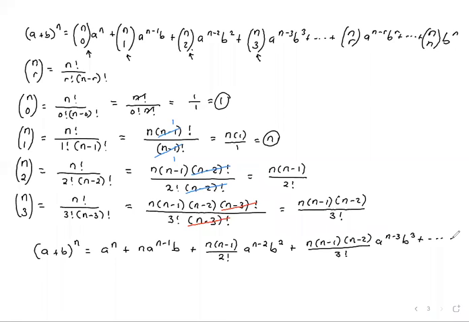So do we have questions here? Excuse me, sir. Sir, you are too fast and our heads are getting tired. Which one? After a to the power n, plus n multiplied by a to the power n minus 1 b.